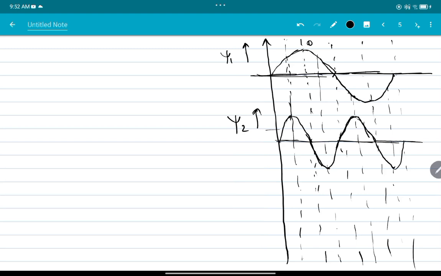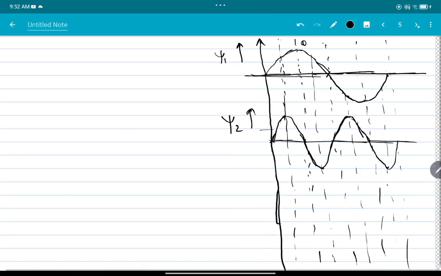Now the expression for the first wave is this. I will write it here. Psi 1 is equal to A sine k1x, where A is 10.